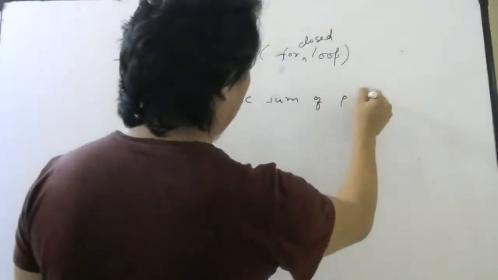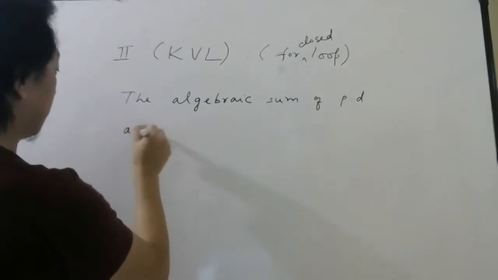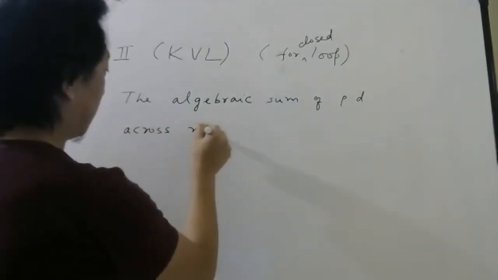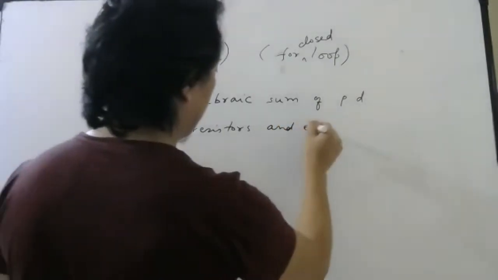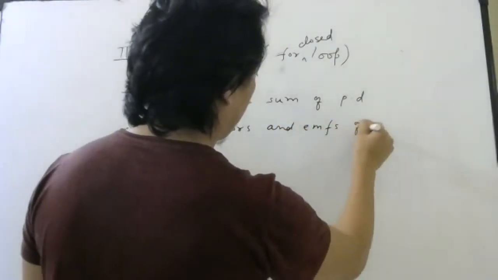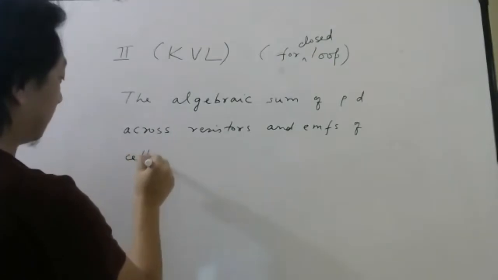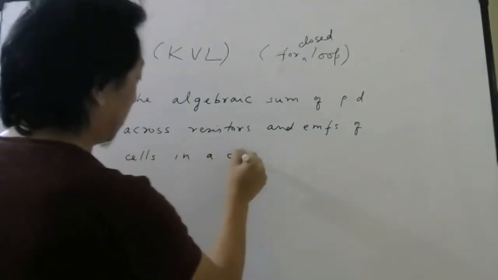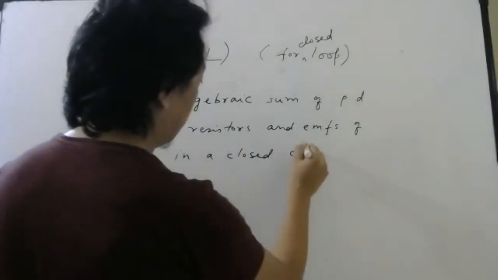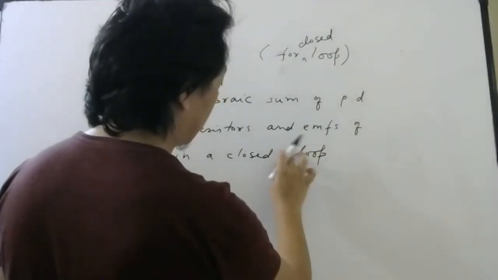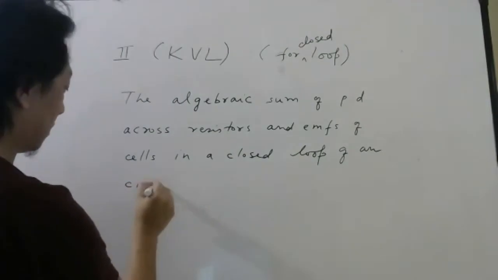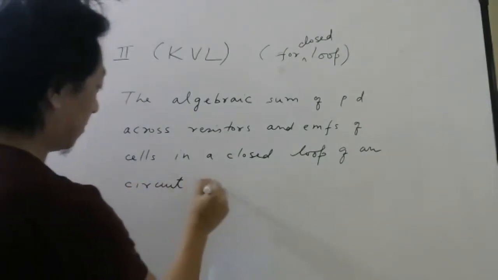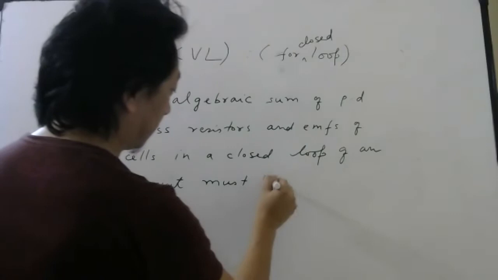of potential difference across resistors and EMFs of cells in a closed loop of an electric circuit must be 0.